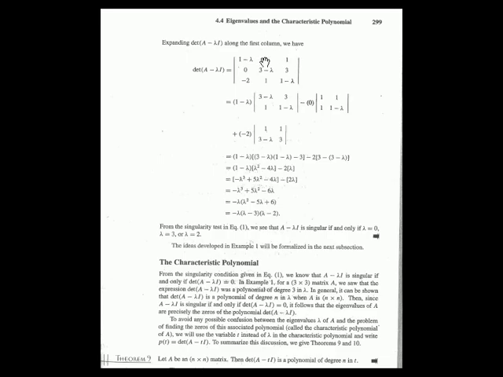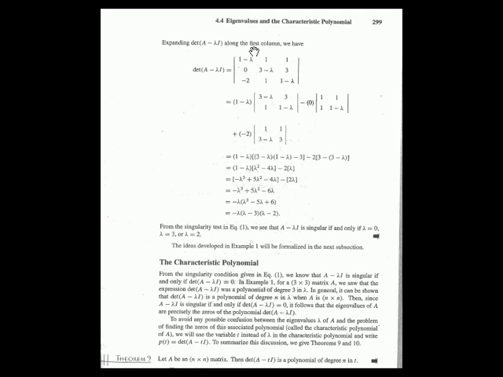But we know how to do it. It's this element times the determinant of that 2 by 2 minus 1 times the determinant of this 2 by 2 and so forth. And you end up with a cubic polynomial.